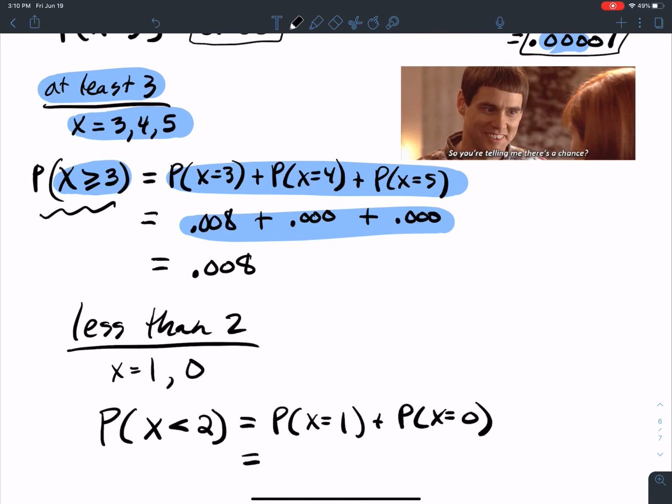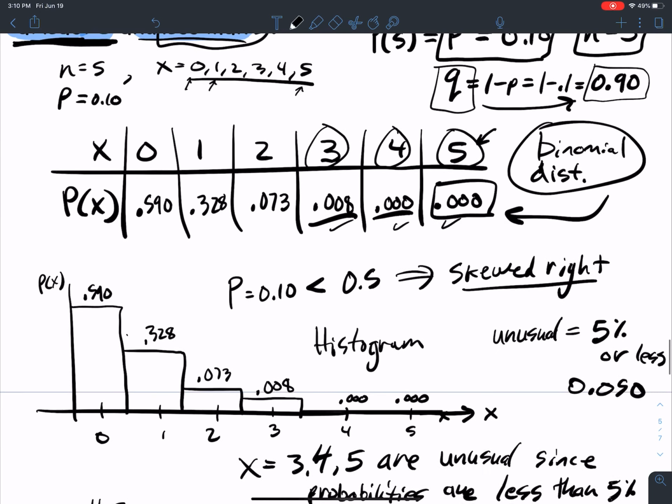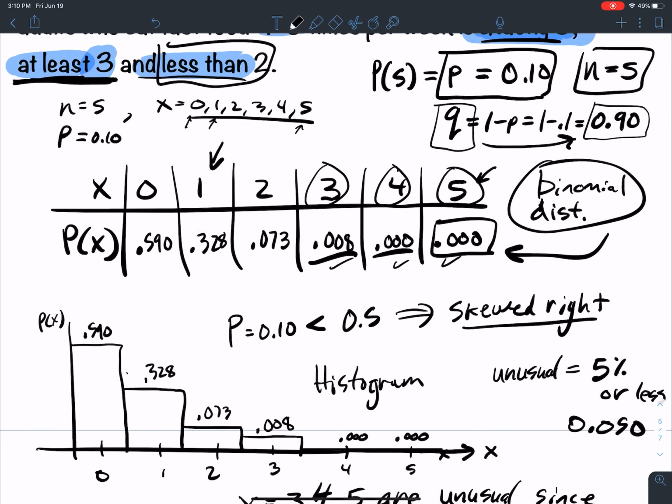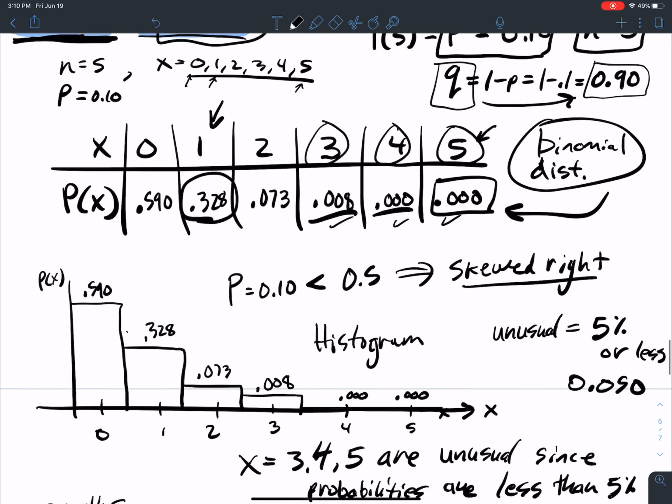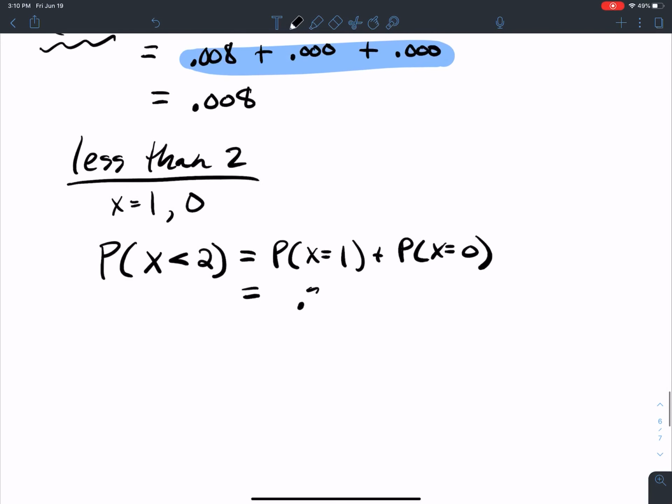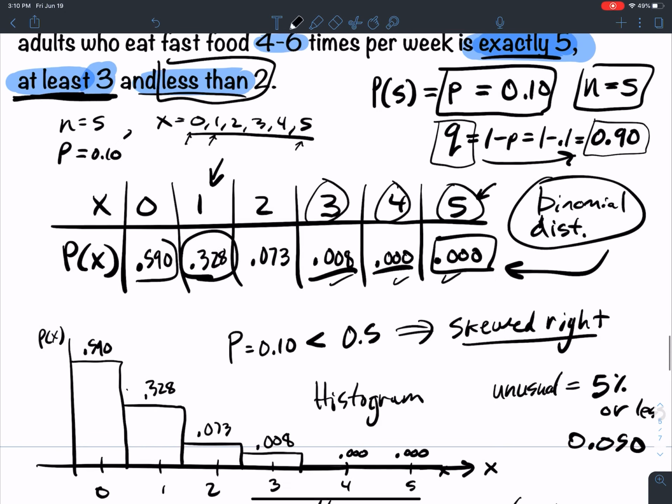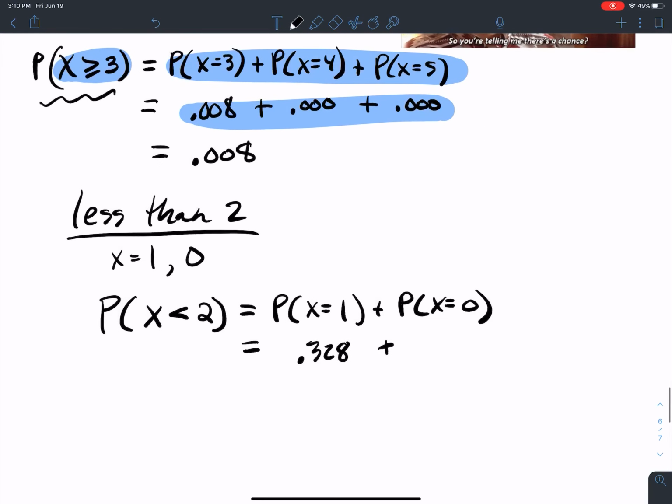And so the probability that x equals 1 from our chart is 0.328, plus the probability that x equals 0, which is 0.590. And when I add those together, I get 0.918.